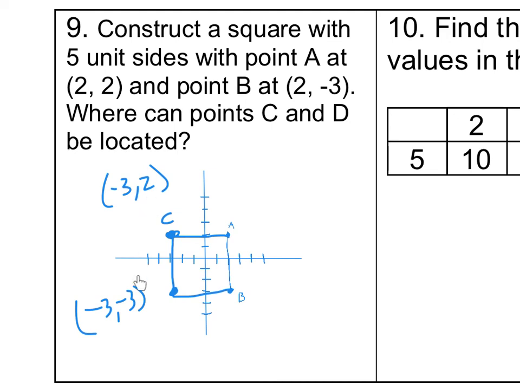Because 2 and negative 3 are 5 units apart. My y's being different there, my x's being different here and here, here and here. So in each place I'm comparing, I'm looking for the difference between negative 3 and 2, and that is 5 units.